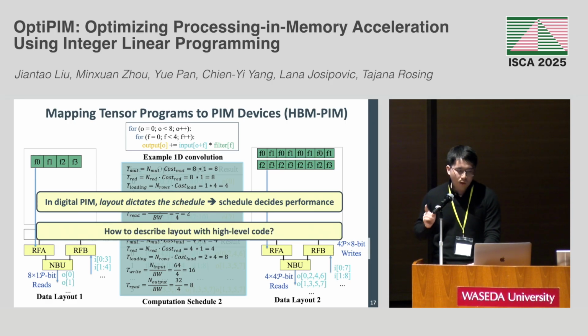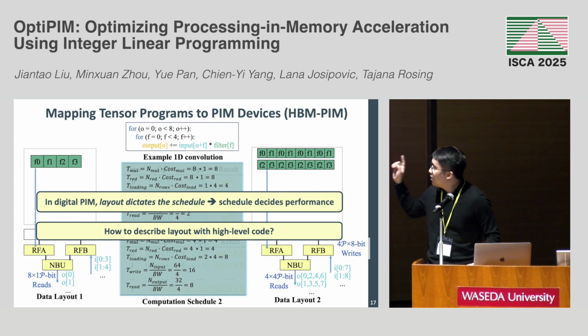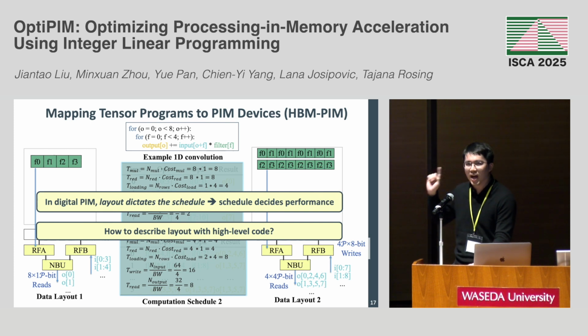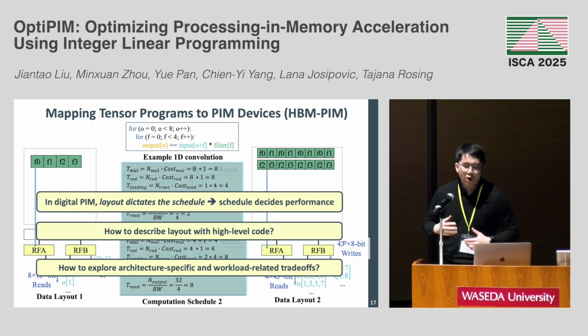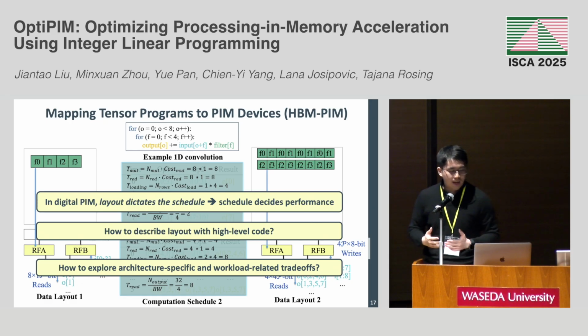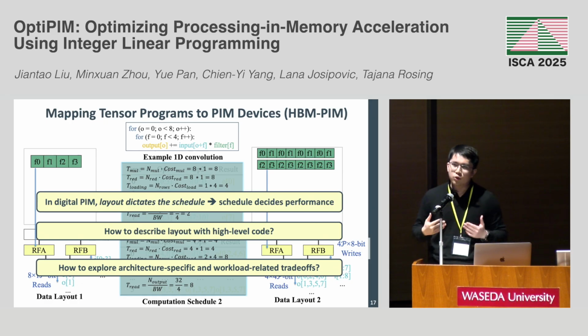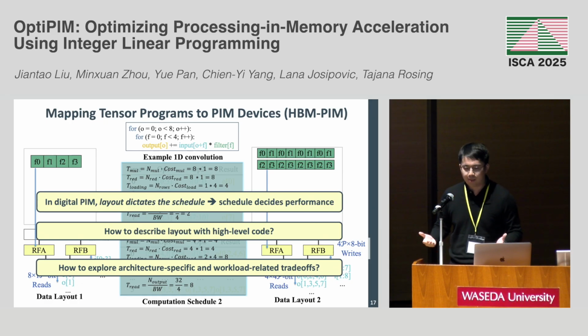First, how can we describe the layout information with high-level code? As we can see, nested loops are a very concise and nice way of representing software-related information. If we can somehow encode the layout information we care about, that will be a big plus. And secondly, how can we automatically explore the architecture-specific and workload-specific trade-offs to generate the best mapping?